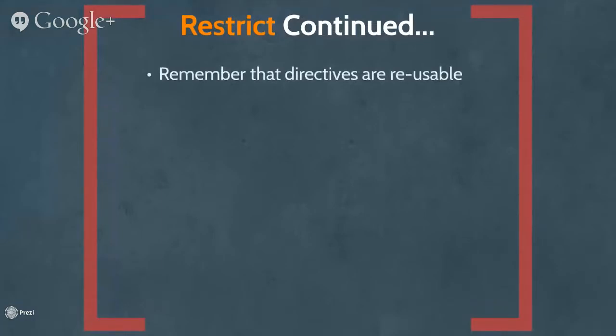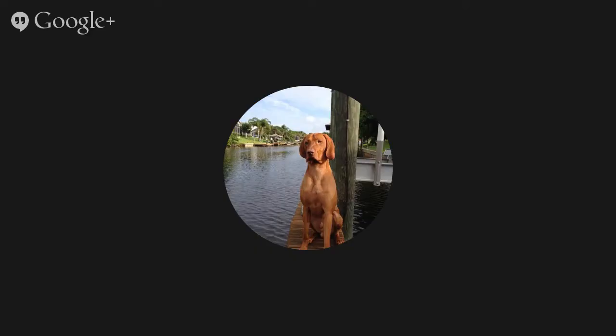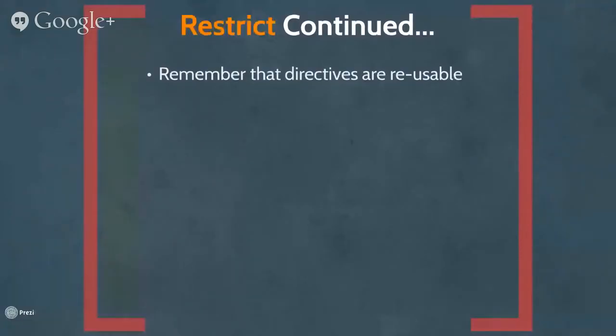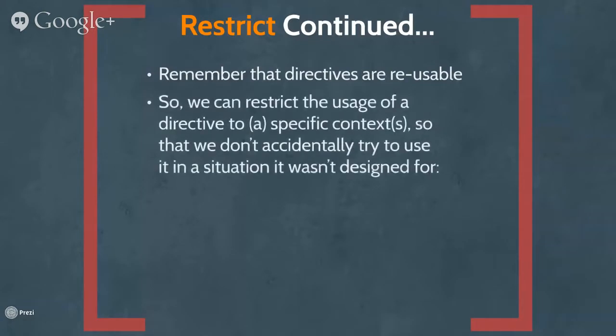Directives are reusable, and the way that they're reusable is that we have this restrict attribute that tells where we can use them. So say you have 16 elements, and those 16 elements are the same directive. You can just pop in each one of those directives and build in their own encapsulated environment. And we'll talk about isolate scope, because when you start having all these directives, their scopes can get really messy really quick.